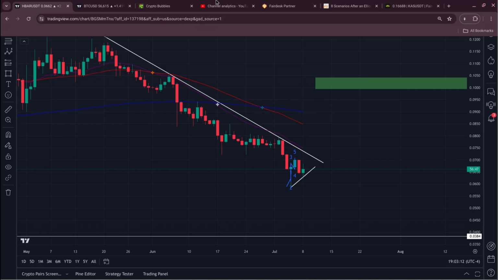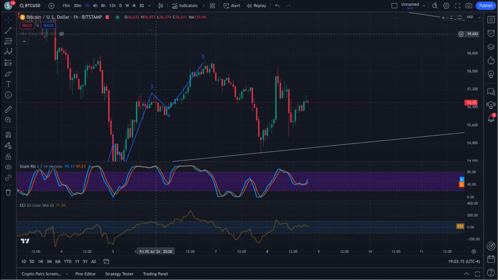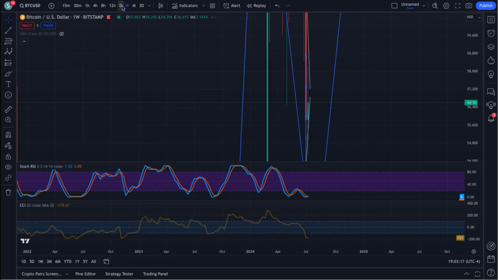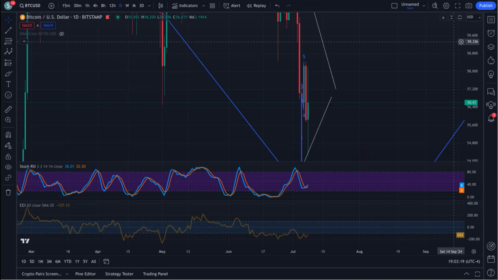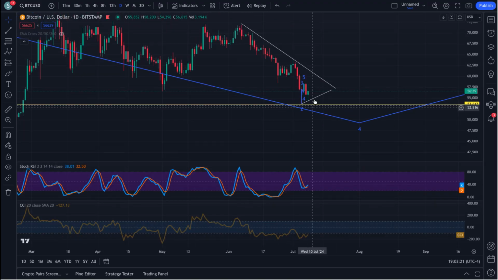Same thing with Bitcoin. I mean, it would be wedging up like that also. If you come in on a daily, there you go. It's doing the same exact thing, starting to form a possible wedge here. Towards the upside, you'd at least expect it to come back and retest this either as resistance or support.